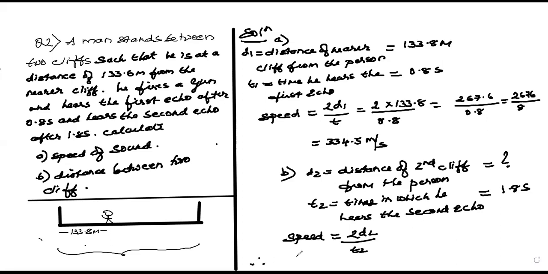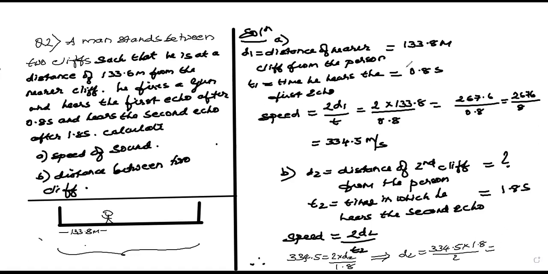334.5 is equal to 2 into D2 upon 1.8. Therefore this implies D2 equals 334.5 into 1.8, the whole thing upon 2.